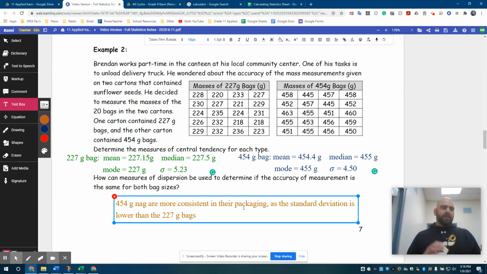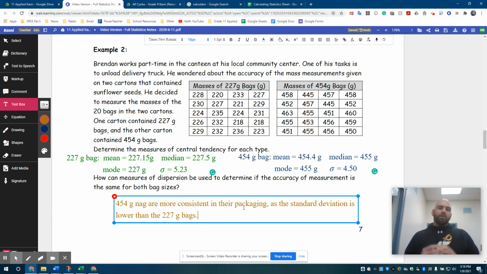Okay, so really it's all about that standard deviation. Is the standard deviation small or big in comparison to the other one? Okay, now really this is a comparison tool. It's not so much a data collecting tool, it's a comparison tool between two or more different groups.